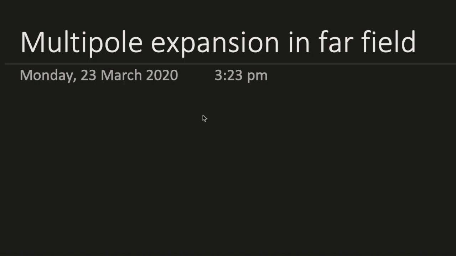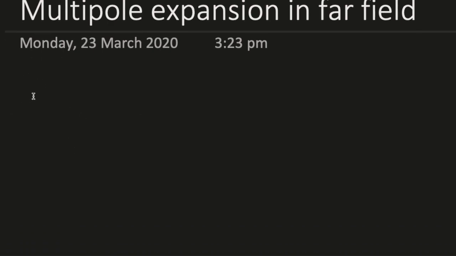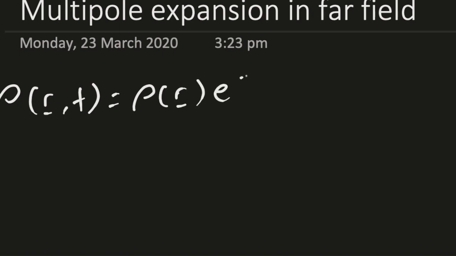Okay, so just now we were talking about the dipole, the Hertzian dipole to be precise. Now we'll look at a more general case for our source term, rho of r and j of r, with time dependence.